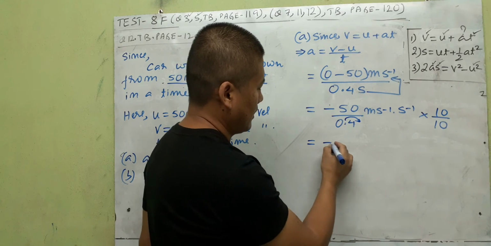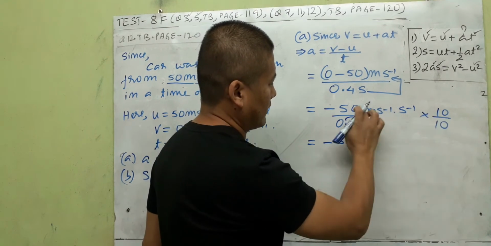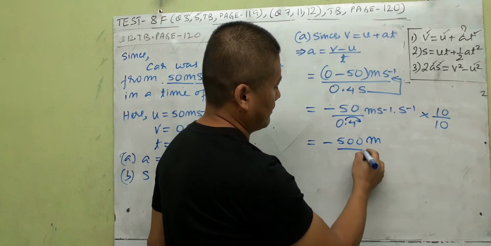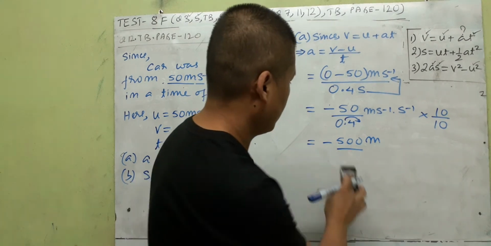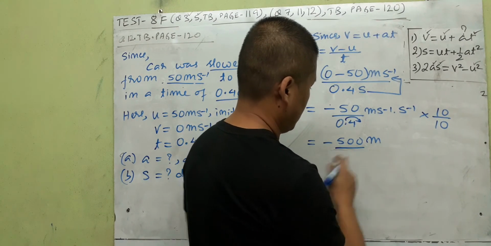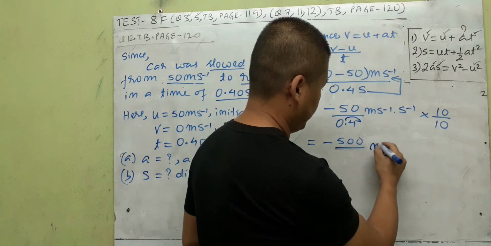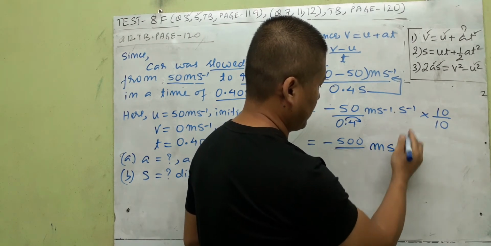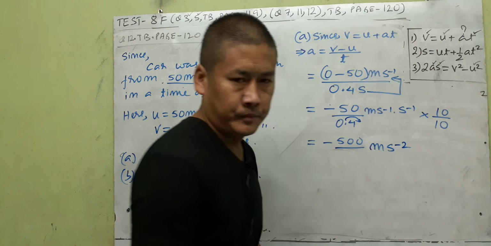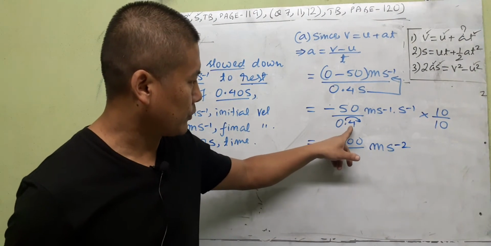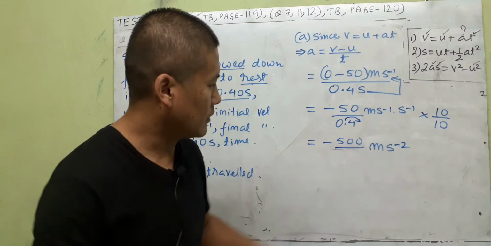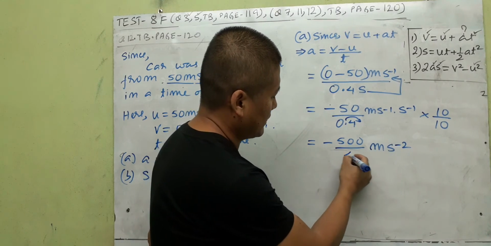So this is minus 500, 0 added here, divided by, okay, divided by, so here meter second to the power minus 1 is minus 2. Then here 0.4 into 10 means decimal moves right, so no more decimal.